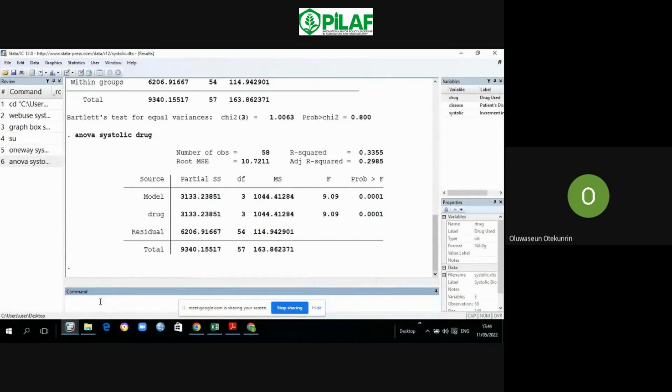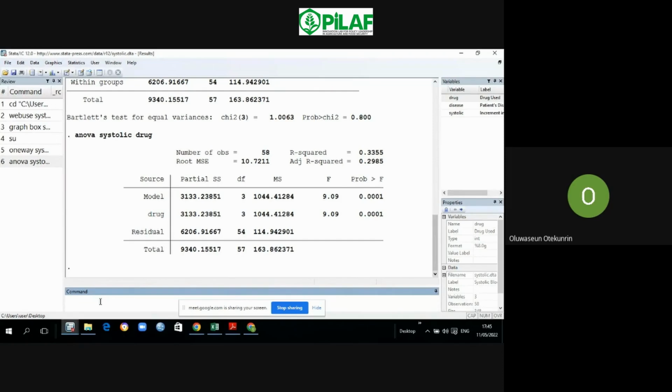You can see that the table is a little bit different from what we had before. This one looks like a regression output. You can see model, you can see drug, then you see the residual, then total. You can see R squared, adjusted R squared. The model is significant.